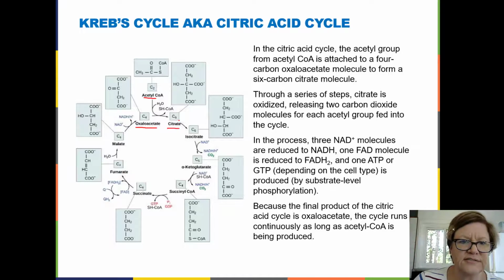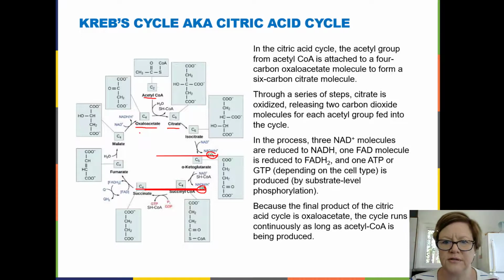Those you need to know. Citrate is a 6-carbon. Then you have 2 decarboxylations, and you have several NADHs that are formed, and then a reorganization back to oxaloacetate. That's fundamentally what you need to know, and I've summarized that on this slide.